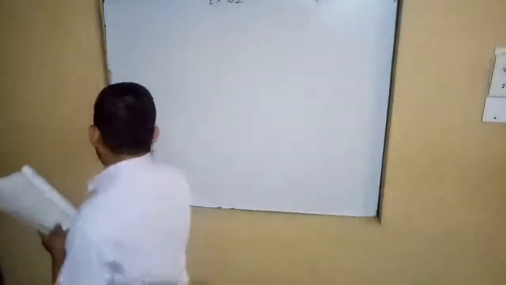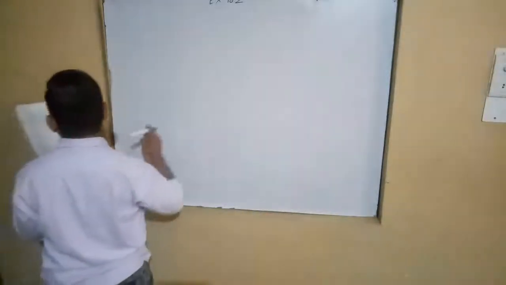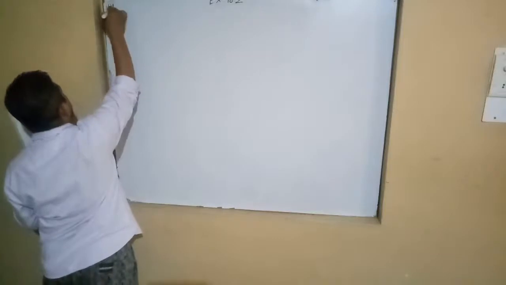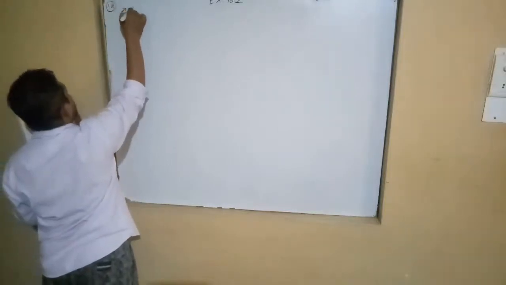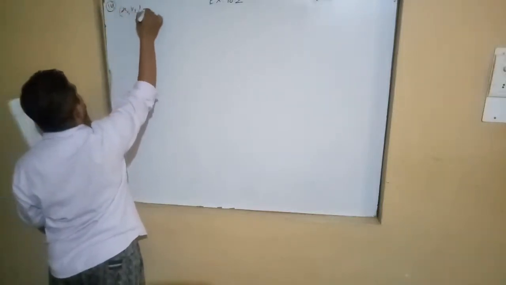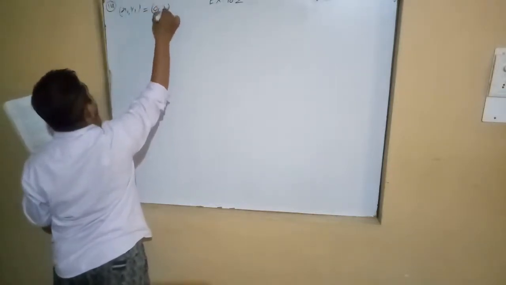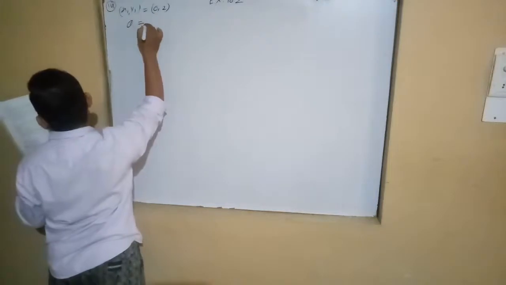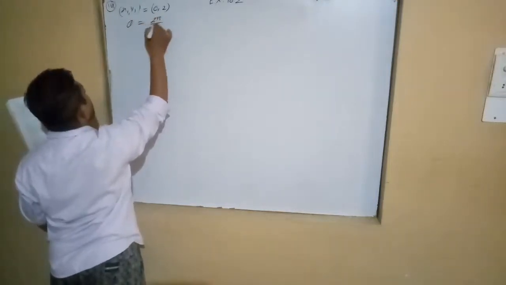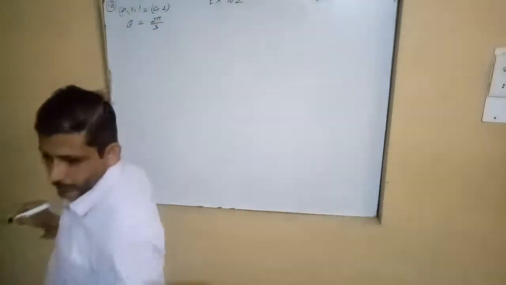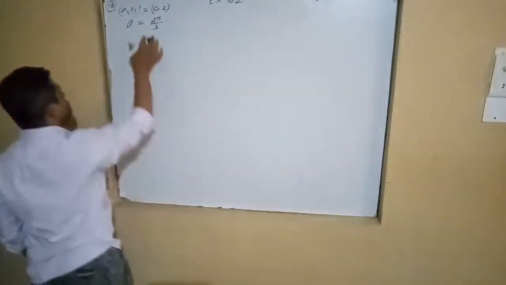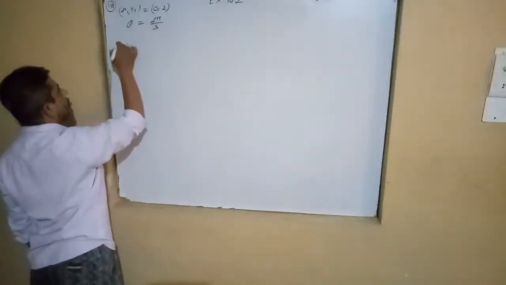We have the given two things. First thing in question number 14 is x1, y1 is equal to 0, 2 and theta is equal to 2 pi by 3. So first we find out the slope with the use of theta.